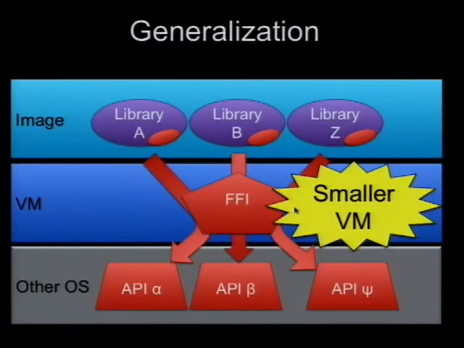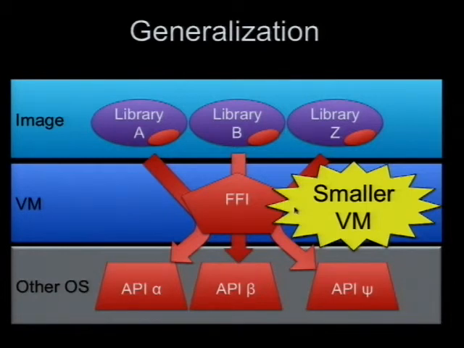So the idea is to end up with smaller VMs. In most cases, we are not sure that the plugin is really useful, and we can live with FFI. The idea is to experiment with other libraries, remove their plugins and end up with a smaller VM.